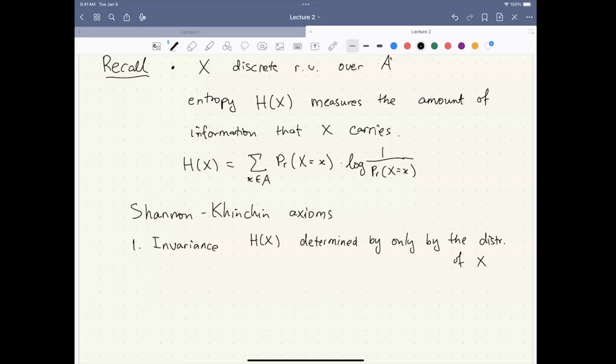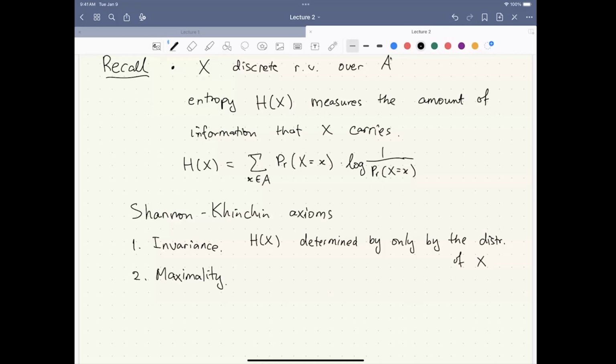The second one is called maximality, a very important one. So maximality says, well, we have X defined over A, it could have all sorts of distributions, and they will get different entropy.